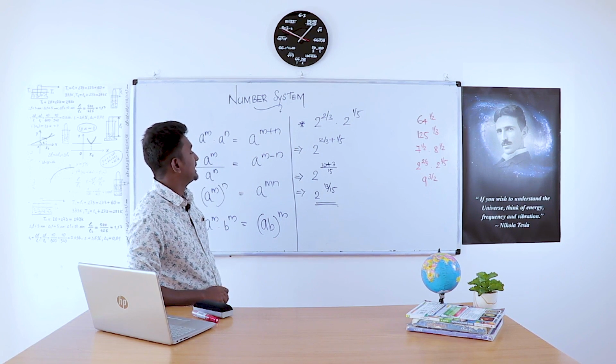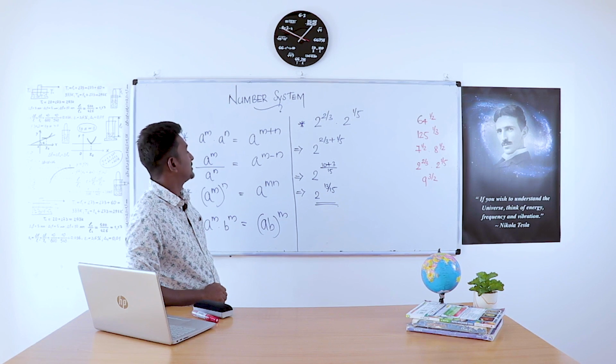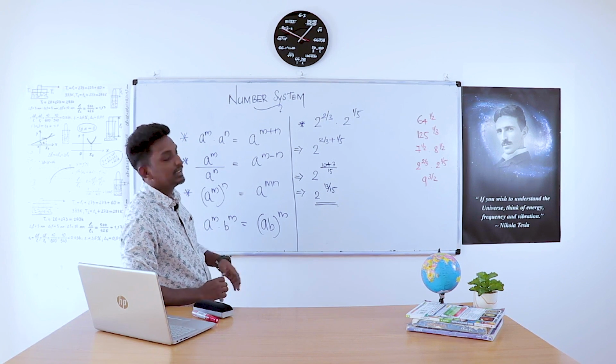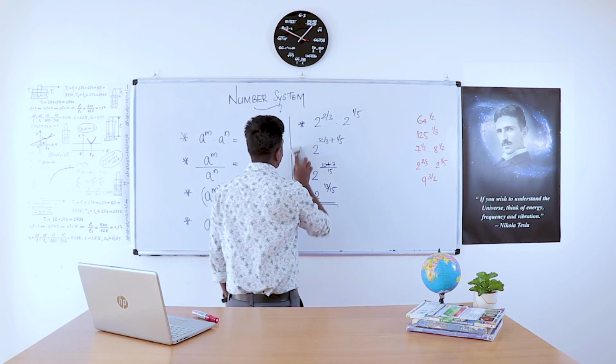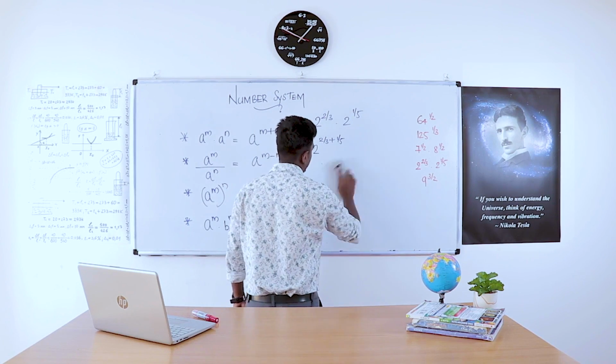If we are taking the LCM, 5 into 3, 15 is the LCM. Then 5 into 2, 10, and 5 into 3, 15, that is 3. 10 plus 3, then 2 raised to 13 by 15. Clear? Okay. Then to the last question.